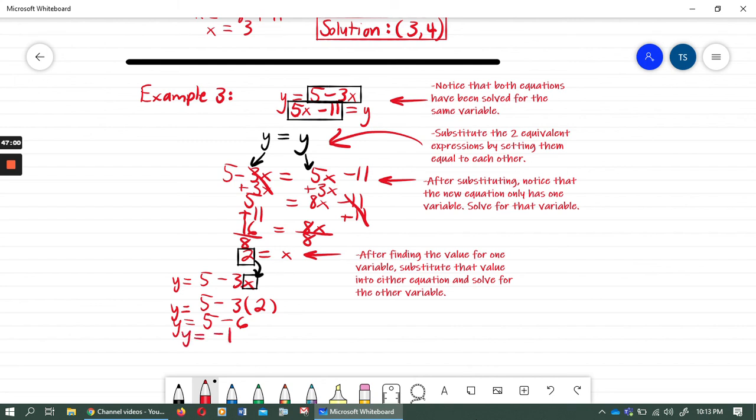So y equals negative 1. Now we've got both the x value and y value, but our solution for a system needs to be written as an ordered pair. That ordered pair here is 2, negative 1.